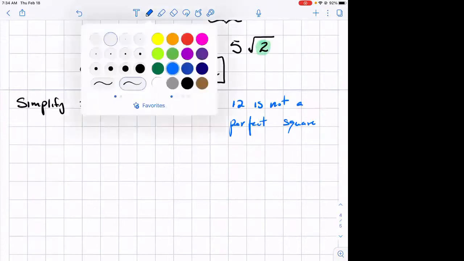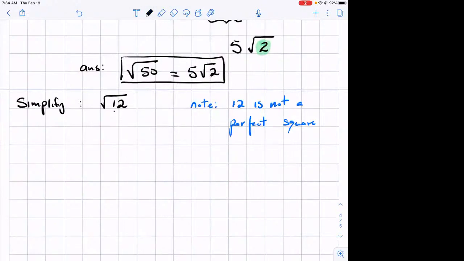So what are the factors of 12? We have 2 times 6, or we have 3 times 4, and 1 times 12. 1 times 12, we don't really take that because we don't usually use 1 times 12.